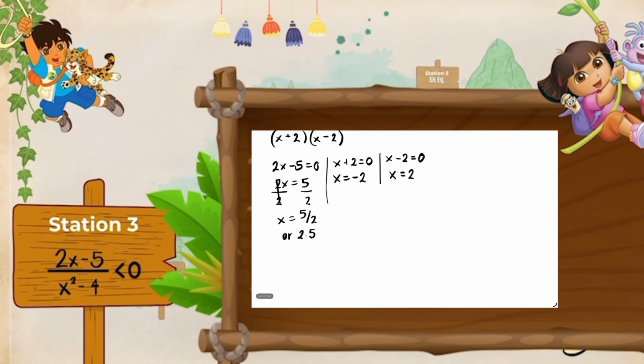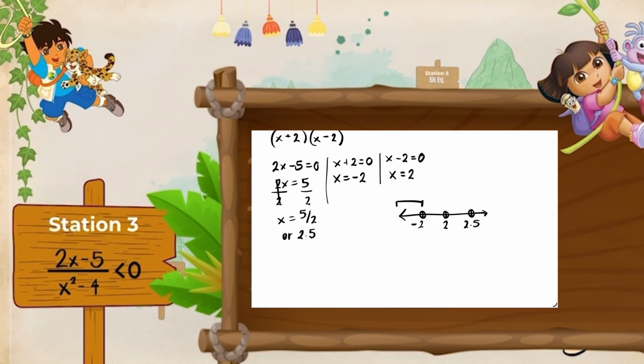Now, let's plot this on the number line. We have three numbers: -2, positive 2, and positive 2.5. Since they're all excluded, we'll just use circles.